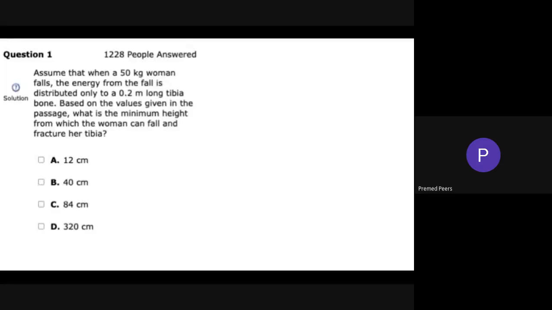Okay. So first question: assume that when a 50 kg woman falls, the energy from the fall is distributed only to a 0.2 meter long tibia bone. Based on the values given in the passage, what is the maximum height from which the woman can fall and fracture her tibia?